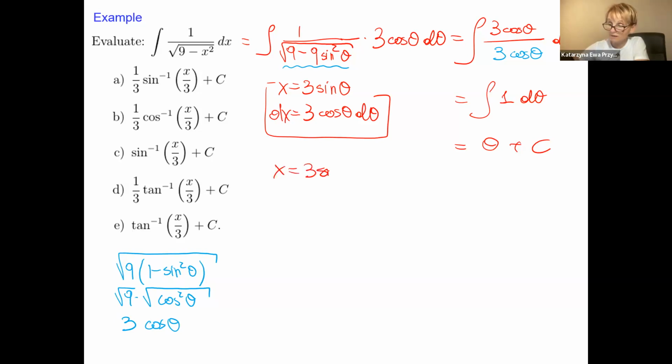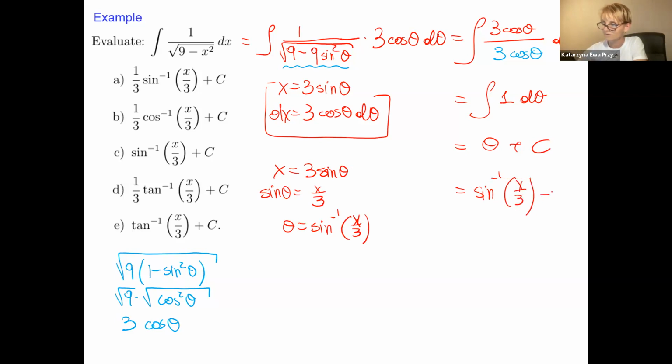X was 3 sine theta. Then sine theta is x over 3. Then theta is inverse sine. Yeah, we're just reversing it. So the final answer is inverse sine of x over 3 plus the constant.